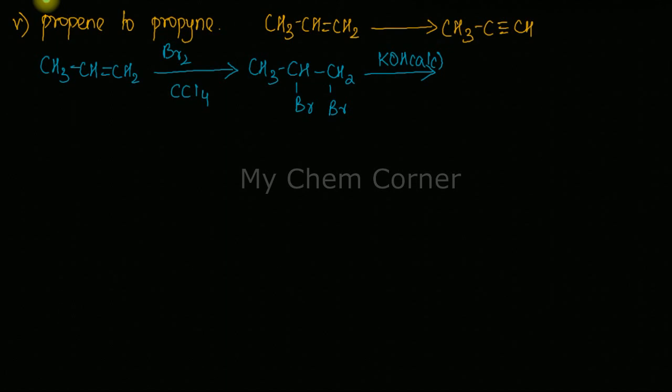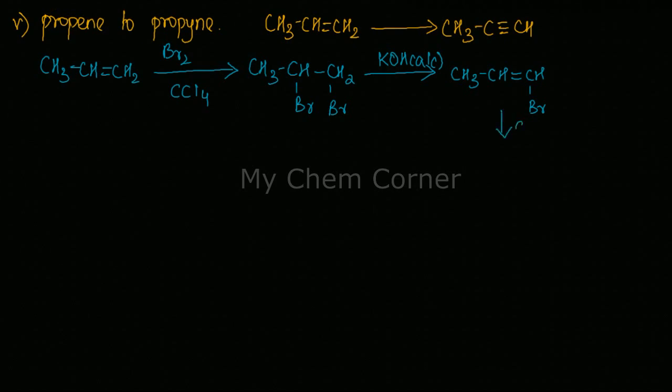Now when I do beta elimination, one Br and one hydrogen will go out. So I'll get this as my product.